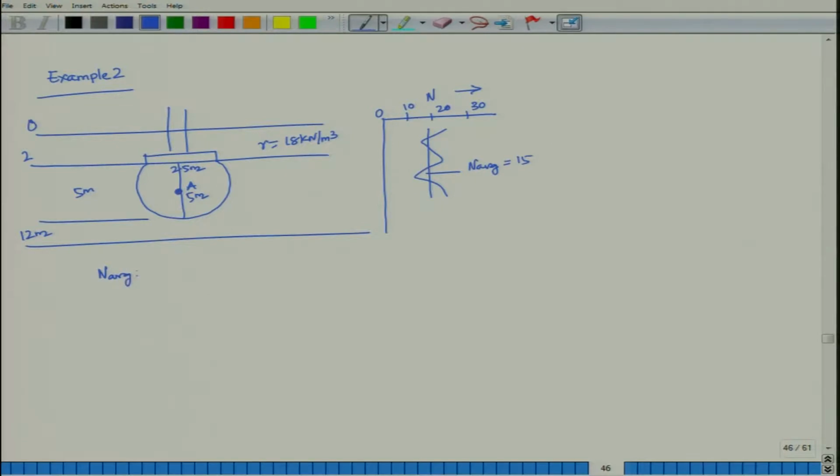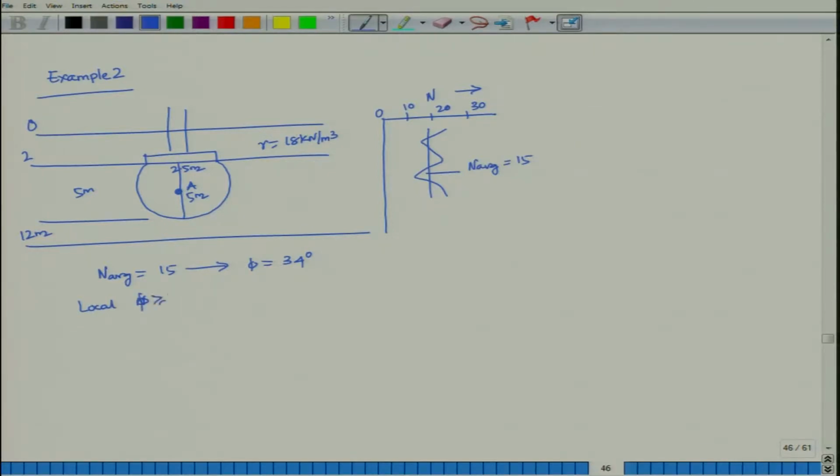N average is your 15. Once you know the N average value, from the N average you are supposed to get the value of phi equal to 34 degree. Once phi is equal to 34 degree, what does it mean? Basically it is neither general shear failure nor local shear failure.